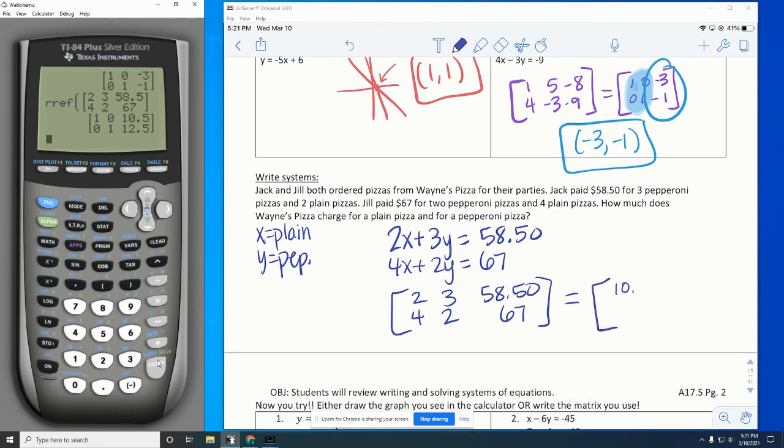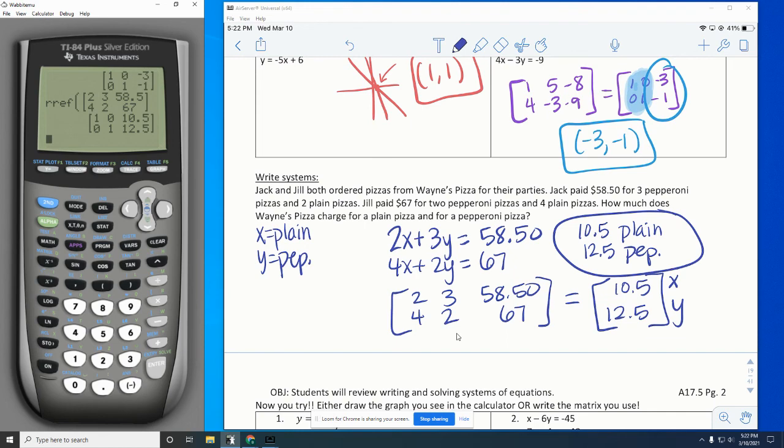And so I get 10.5 and 12.5. Remember the 1001 is normal. I entered these as x's and y's, so they pop out x's and y's. So that would be $10.50 for a plain and $12.50 for a pepperoni. Kind of expensive there.